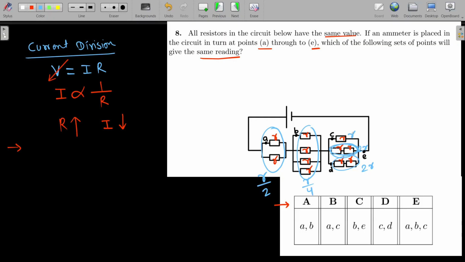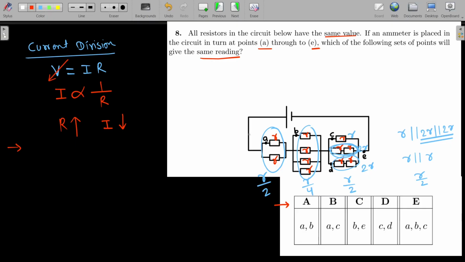If we find the combined equivalent resistance of this parallel branch C to D, it should be R parallel with 2R parallel with 2R. This 2R with 2R will give us R. As I told you, when equal resistors are connected in parallel, they get divided by 2 if they are 2 in number; if they are 3, they divide by 3. So R and R in parallel give R by 2.